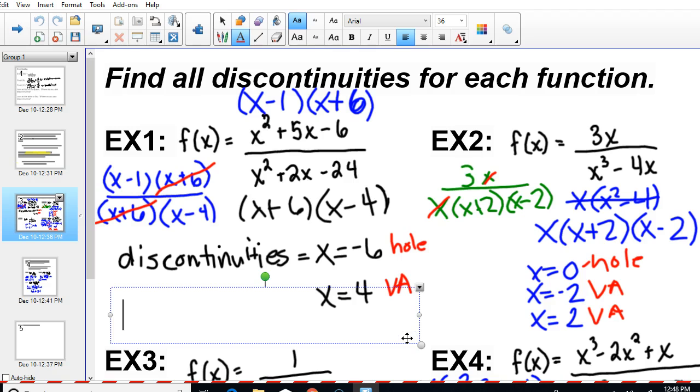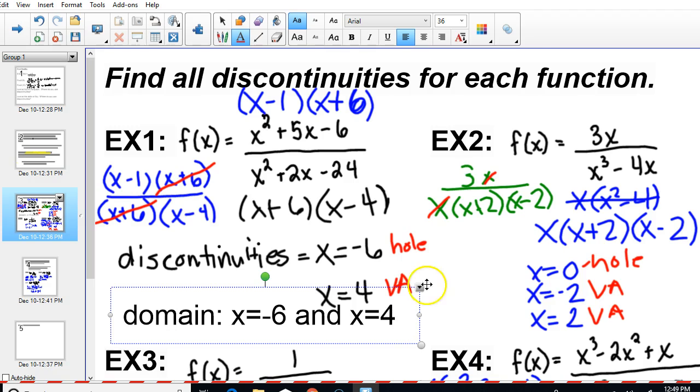I would say that my domain would be this. Don't write this down quite yet: x cannot equal -6 and x cannot equal 4.